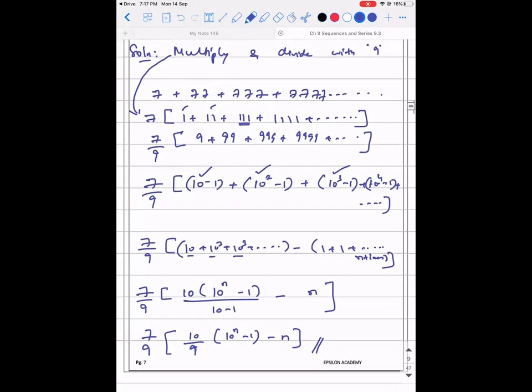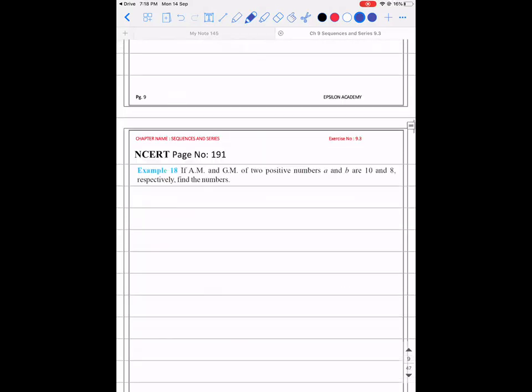A similar problem is there in the exercise also. Let me check what that problem is.